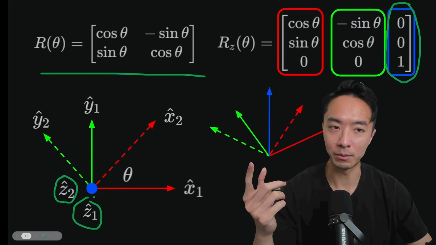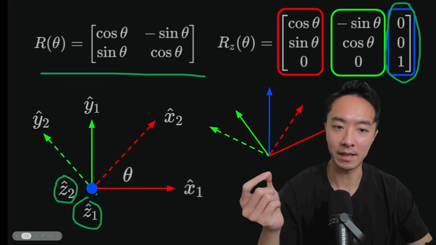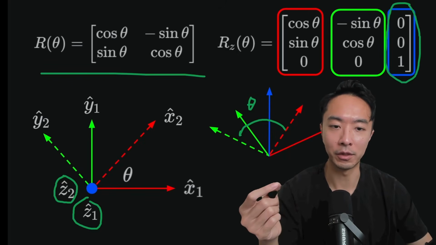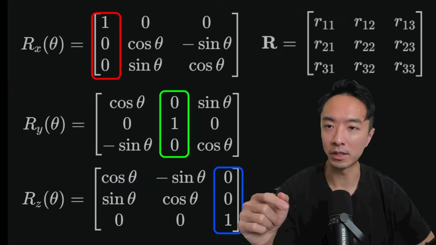So it's pointing in the same direction. So when it rotates about the Z axis, it doesn't change. So here's a visual of this frame being rotated about the z-axis by some angle theta, okay? So this is going to be the 3D rotation matrix.